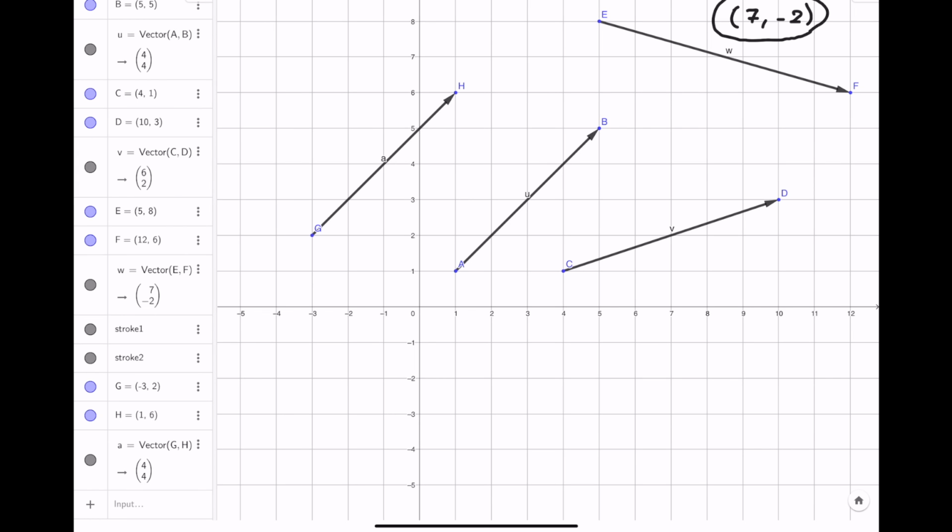The same vectors, because of the definition. Of course, I can see the difference: one of them starts from point A, one of them starts from point G. The locations are different, so we can recognize the difference between these two. But according to our definition, vector GH and vector AB are mathematically equal.